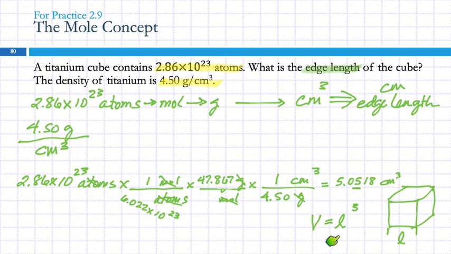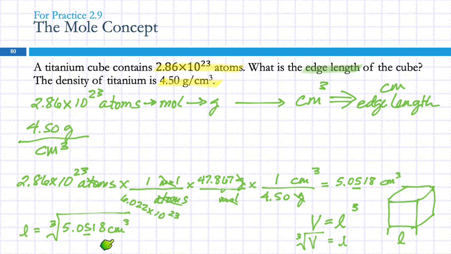Here's our volume equation. I have L cubed on this side and I have volume on the other side. I want L on one side and the other thing on the other side. How do I undo cubed? Cube root. So I'm going to take the cube root of both sides. The cube root of the volume is equal to L. So L is equal to the cube root of 5.0518 cubic centimeters.